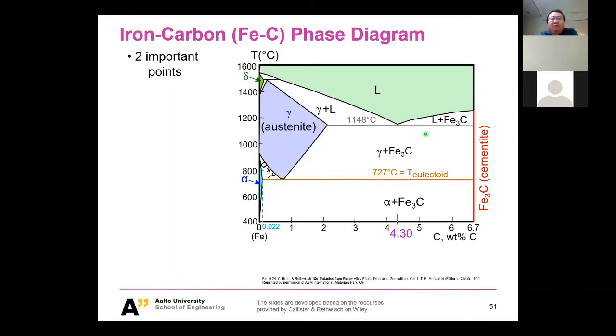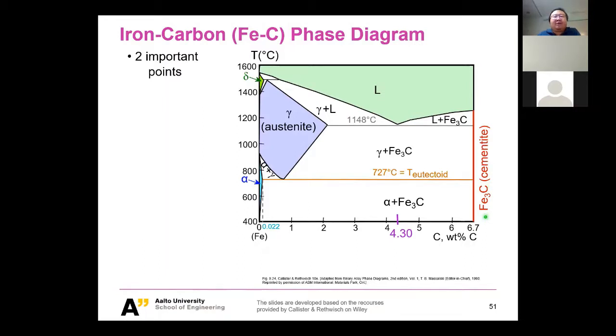I'm showing you here not the full diagram, if you just pay attention. On the left-hand side, we have iron, 100%, and we're adding carbon into our iron matrix. And we're adding until a limit, here 6.7%. If you pay attention here, this corresponds to one intermetallic compound, which is called cementite.